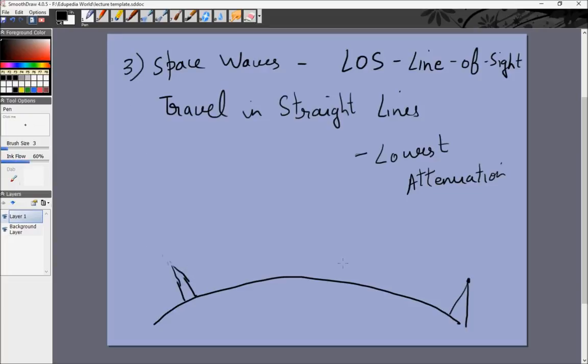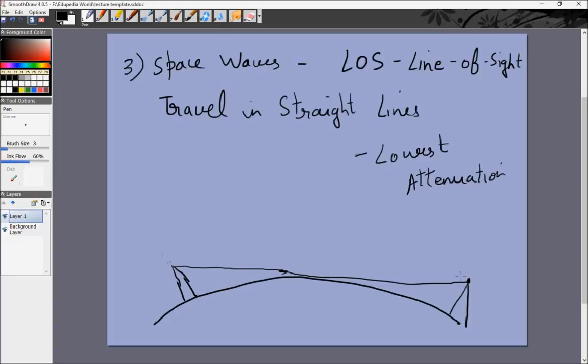If this is the relative height of the transmitter and the receiver, then you can see that they just barely share a line of sight. If any of these was smaller, then they would not be able to have any wave traveling from one to the other. So whenever you have a transmitter which transmits space waves, you need to have them of minimum height.